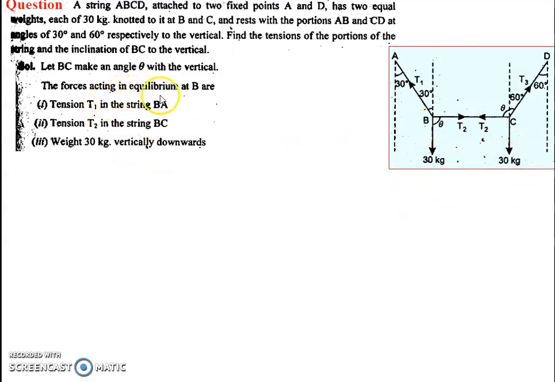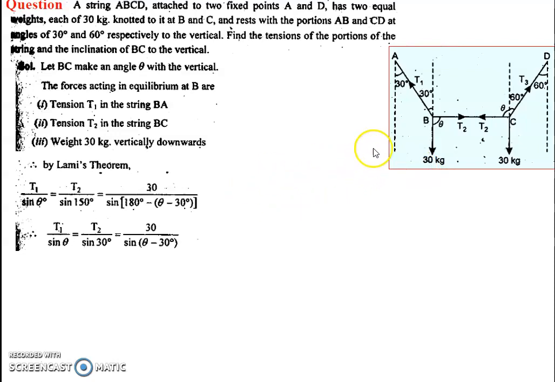The forces acting in equilibrium at B are tension T1, tension T2 and the weight 30 kg vertically downward. By Lami's theorem, T1 by sine of the angle between 30 and T2, that is theta; T2 by sine of the angle between T1 and 30, that is 180 minus 30, that is 150; and 30 over sine of the angle between T1 and T2, which is 180 minus theta minus 30.